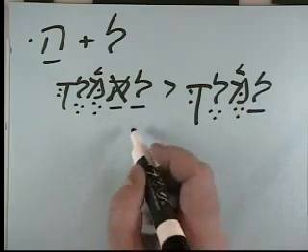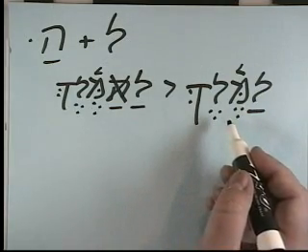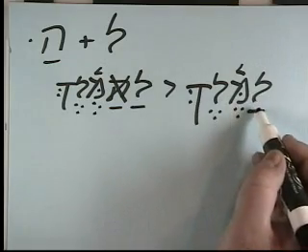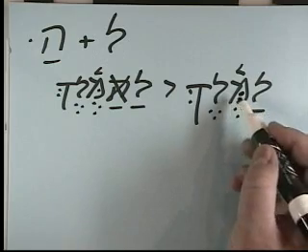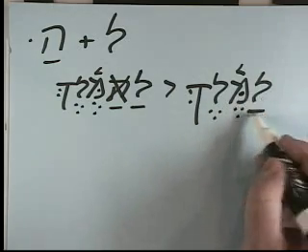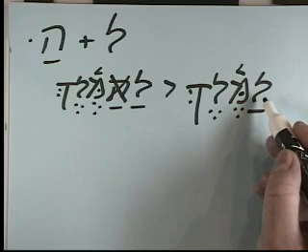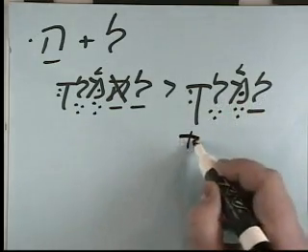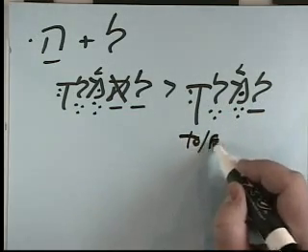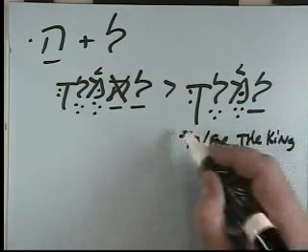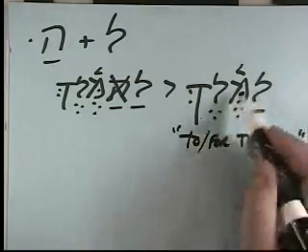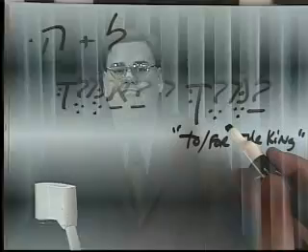And so if I have Lamelech, as we see the patach and the dagesh in the first letter of the root, we would say that's a pointing of the article. So this is not to a king, but to or for the king. So this is how we would translate this. We need to take note of this. It's very important that we know how these things are pointed so we know how to best translate.